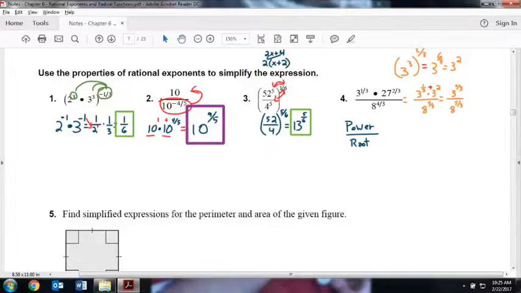So this is the 3rd root of 8, which is 2. So let's write this again: equals 3 to the 7/3 over 2 to the 4th. 2 to the 4th is 16. So the easiest way to write this is 3 to the 7/3 divided by 16.